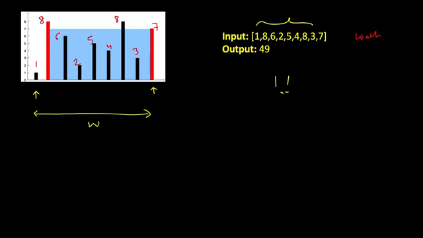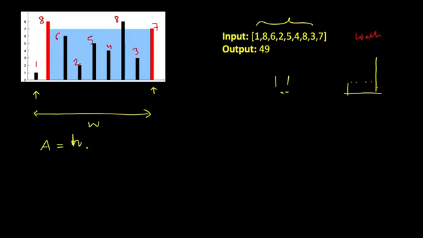And now what will be the height of water? If you have a bar of this height and another bar of this height, the maximum level of water can be whatever is the minimum height, because if it goes beyond that, it will overflow. So whatever is the minimum height, that is the height of water. So the initial area will be h min times width.